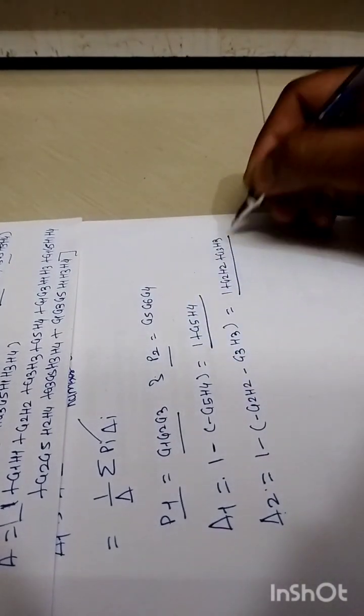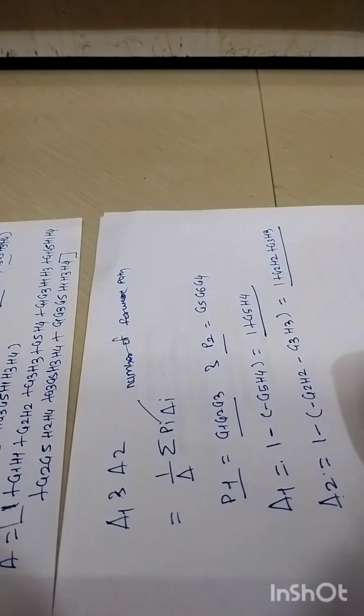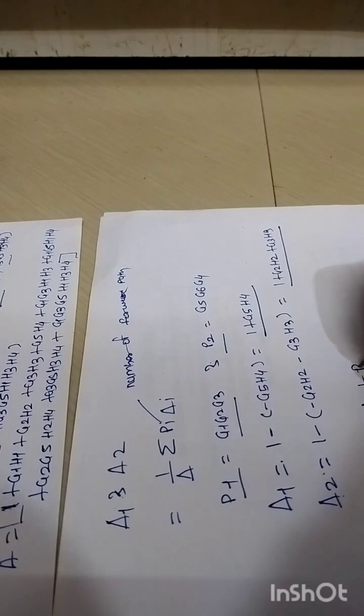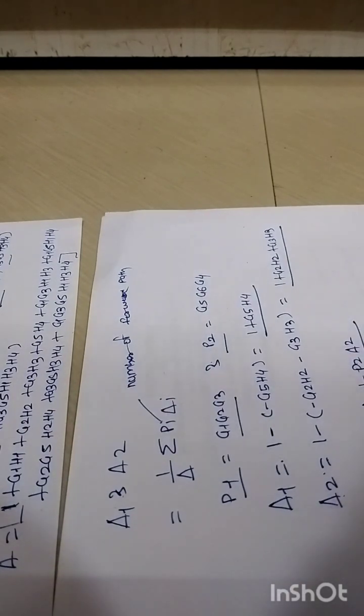So in this way delta 1 and delta 2 are tabulated. According to Mason's gain formula, the overall transfer function, as we are having two forward paths, is P1 into delta 1 plus P2 into delta 2 divided by delta.